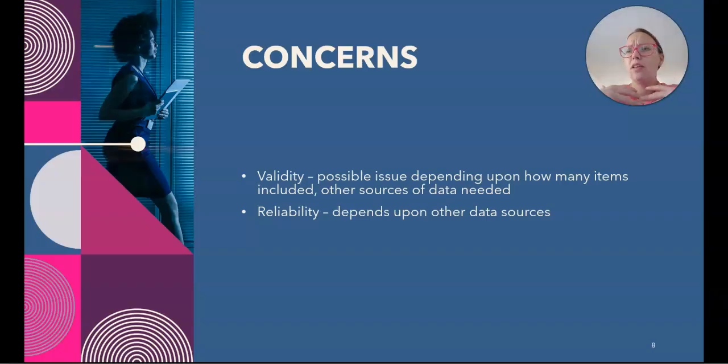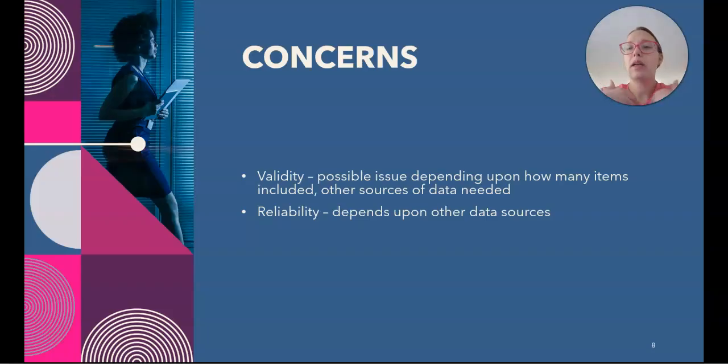But if you're looking at something like achievement scores, it's only going to give you a little piece of the picture. So as far as answering the question of is it valid and is it reliable, it comes down to what other data sources you are using.